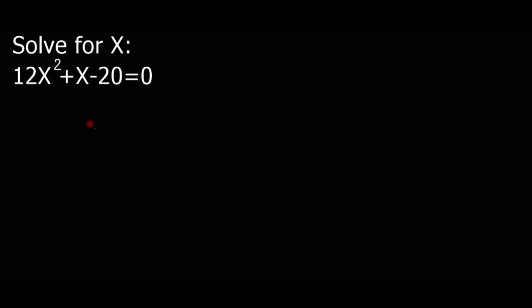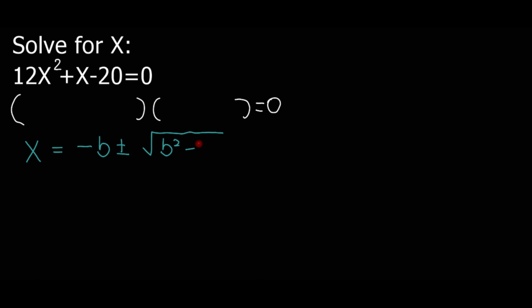And then we know that we will always have 2 brackets because this problem has factors. So we will apply the quadratic formula. We have x is equal to minus b plus or minus the square root of b squared minus 4ac, and then divide by 2a.